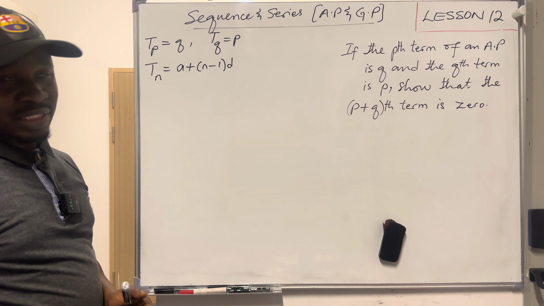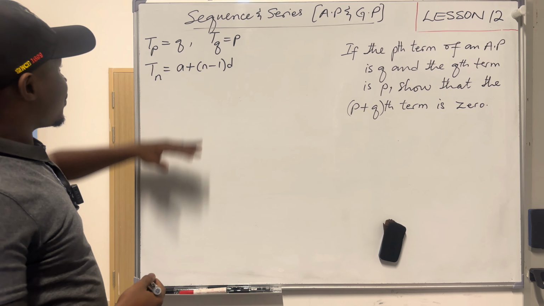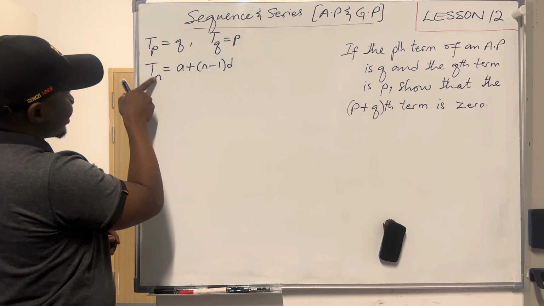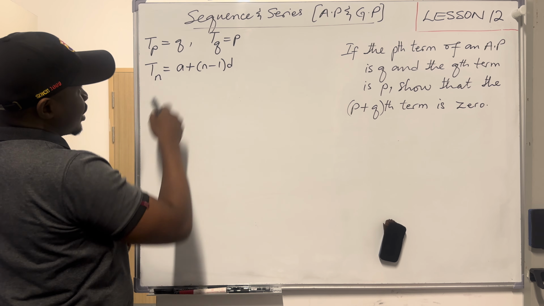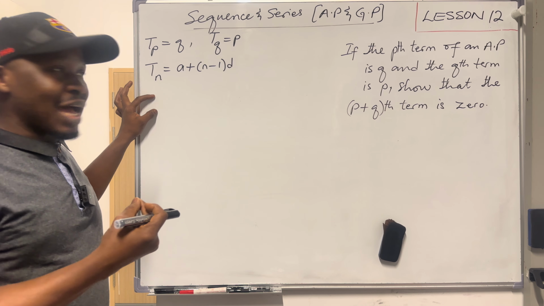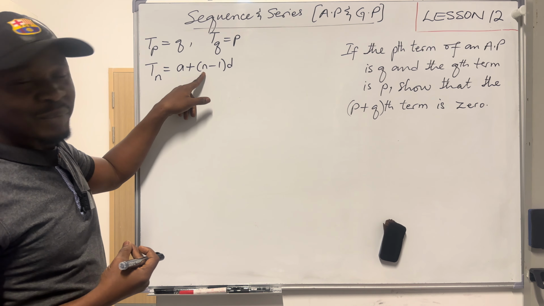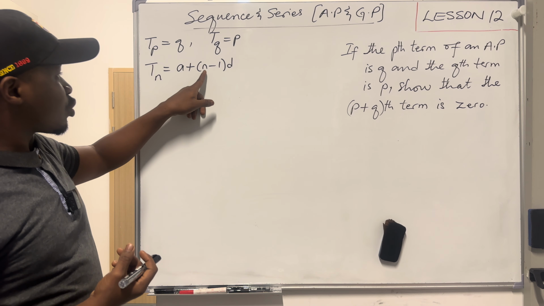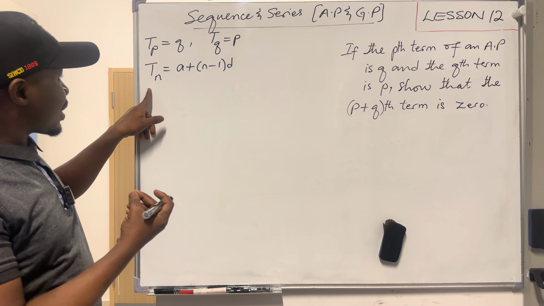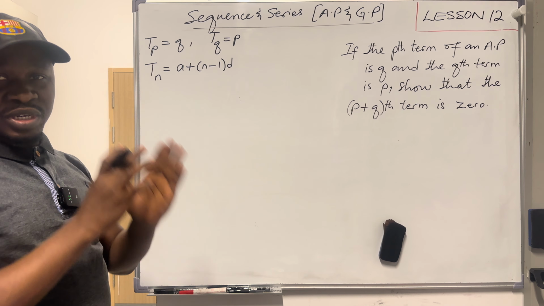This is the general term. If we have the 6th term, it is 6 here; the 20th term, 20; the pth term, P; the qth term, Q. We need to understand this.